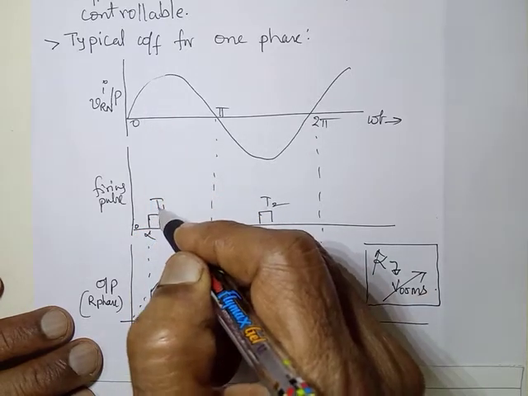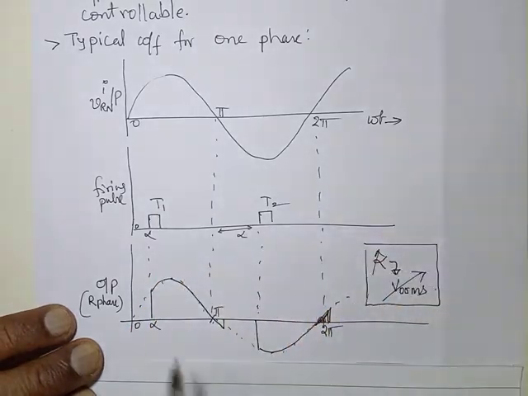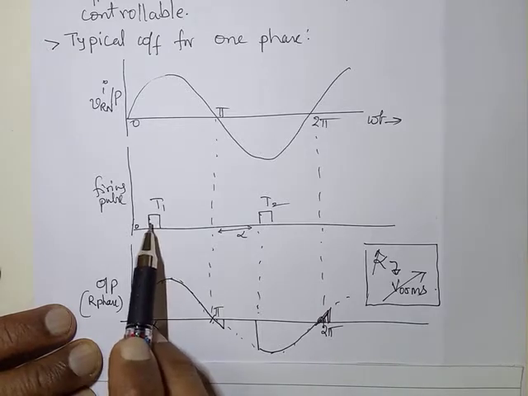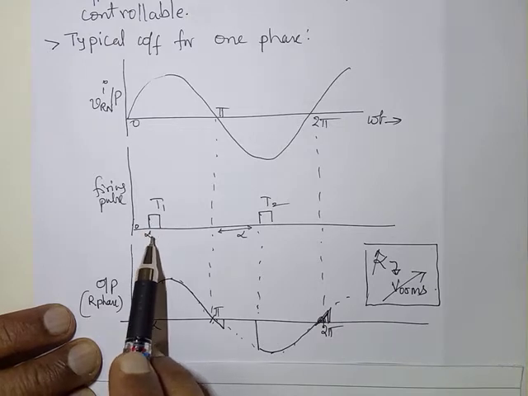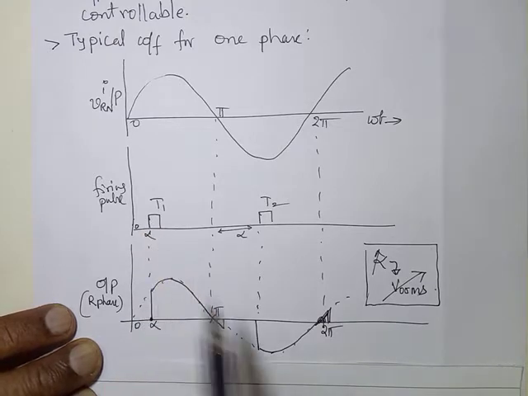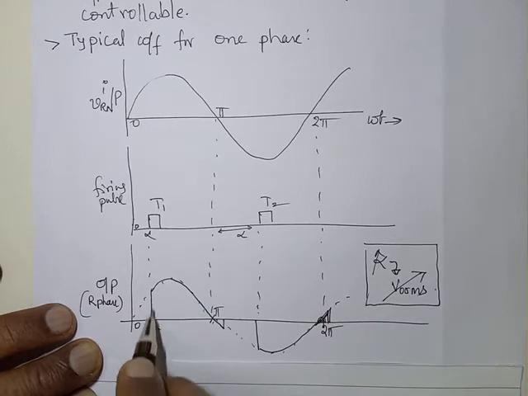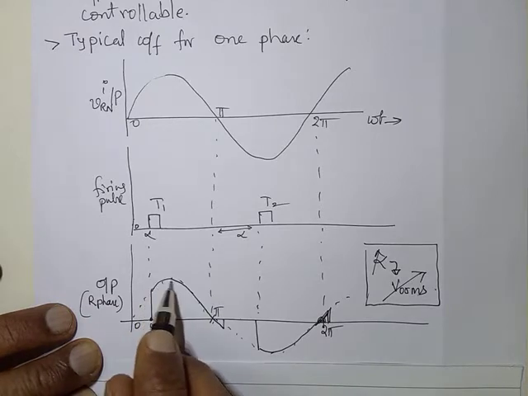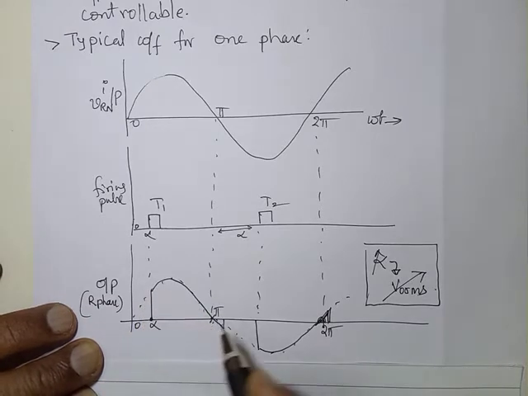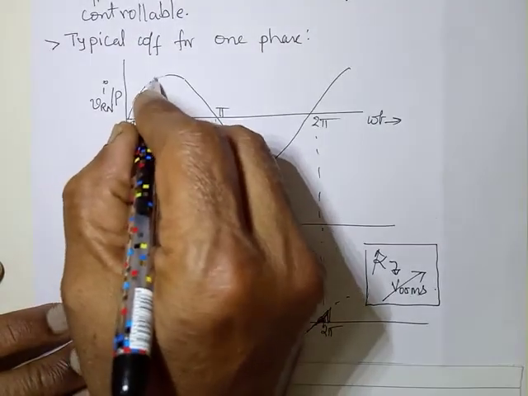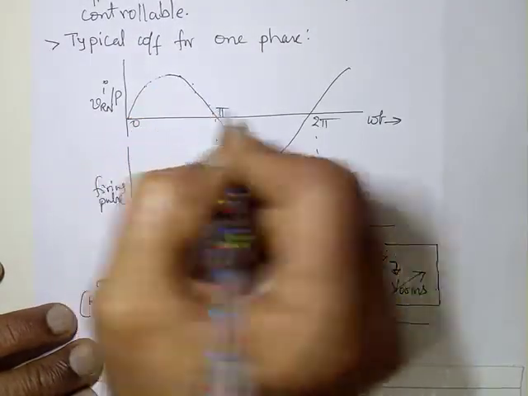T1 starts conducting, so I will get the output voltage starting from alpha. From 0 till alpha, no voltage, because T1 is not conducting, as the triggering pulse was not given. When it starts conducting, the output voltage we get will be like this, which is actually this input voltage.